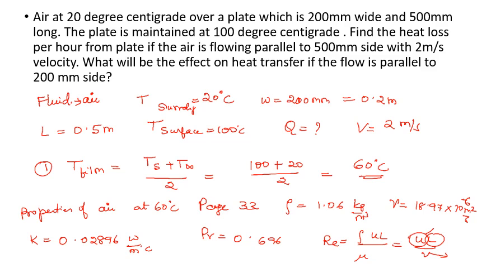To find the Reynolds number, we substitute the given values: 2 into 0.5 divided by the viscosity, 18.96 into 10 to the power minus 6. On substitution we get 5.27 into 10 to the power 4.